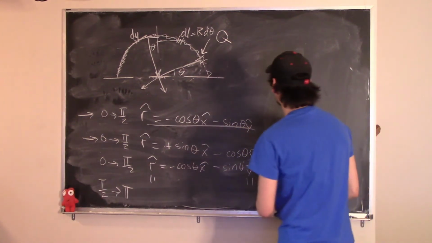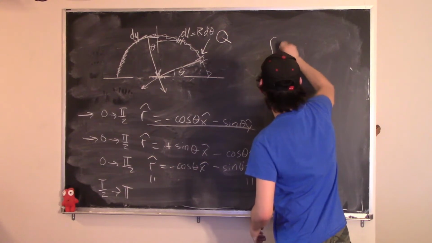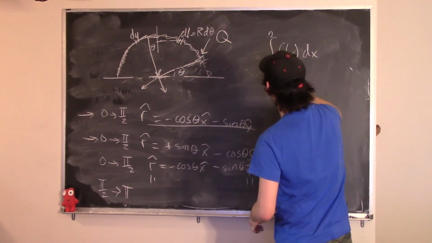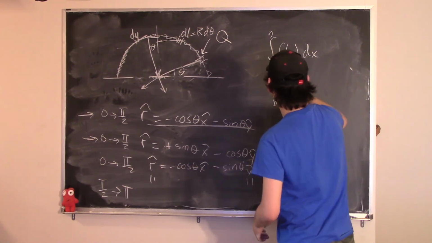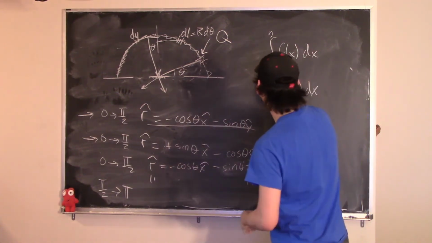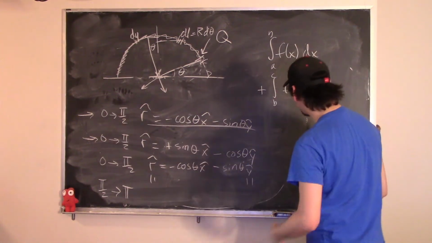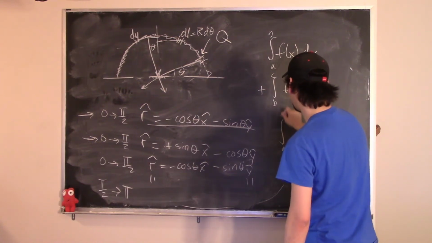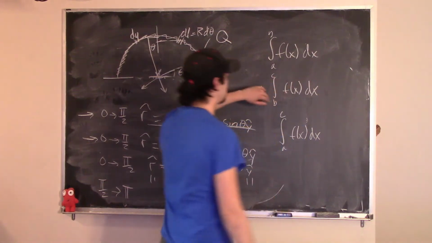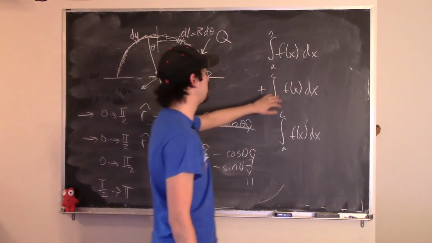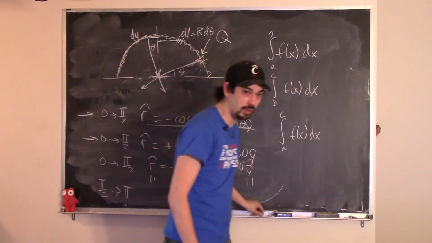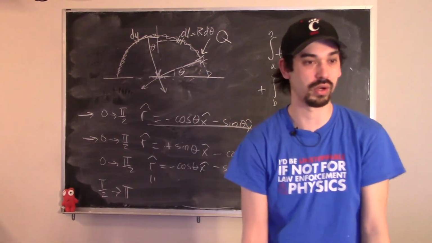If I'm integrating some f of x dx from a to b, and then I'm integrating the same function from b to c, and I add these two together, this is really the same thing as the integral from a to c of f of x dx. So I don't have to do the integral twice if I know that the argument of the integral is identical. Hopefully that answers your question.